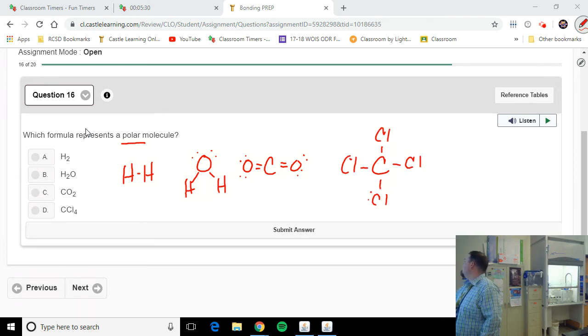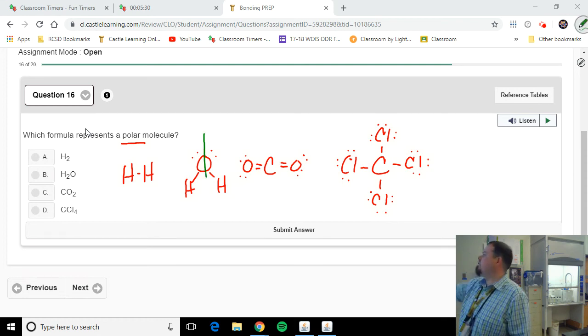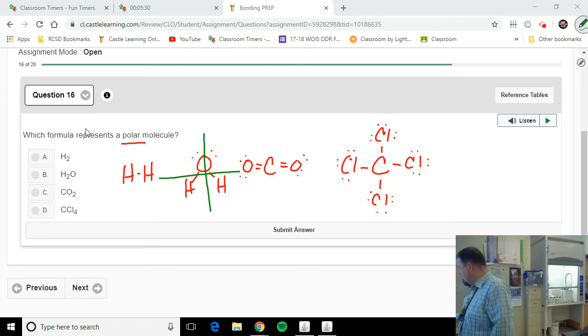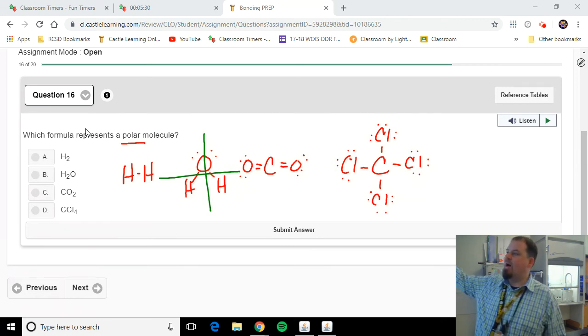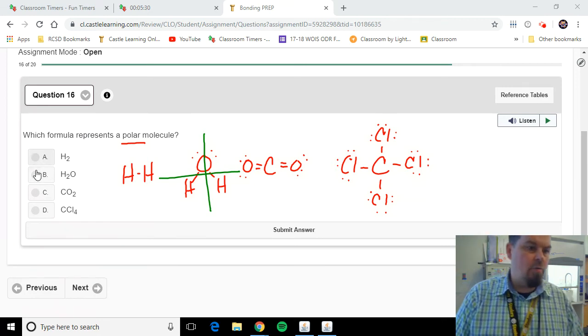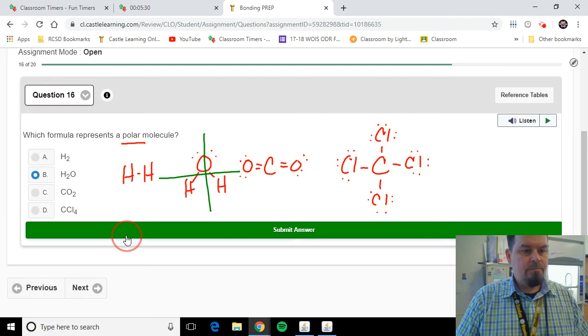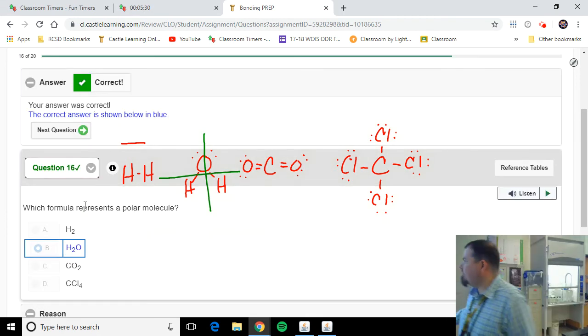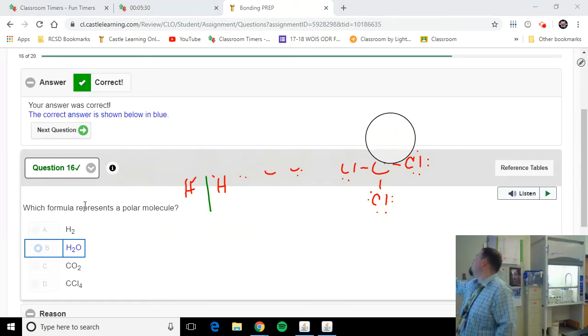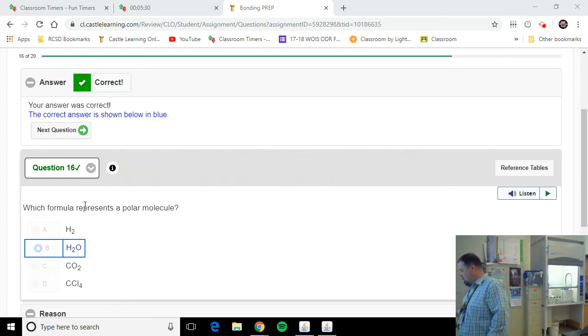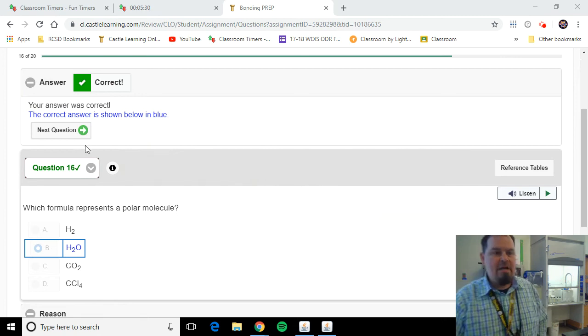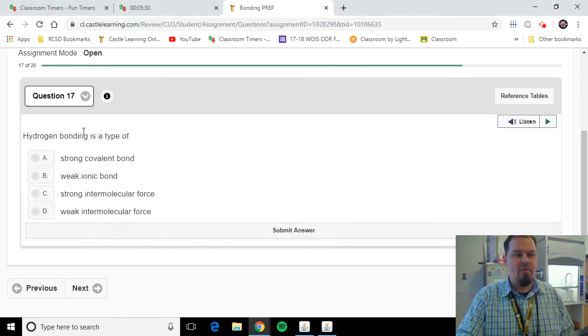And I think it becomes very obvious, and we know that water is polar, and it is the only one that fails the symmetry test that way. So north and south, top and bottom are not the same. Water is my only polar molecule. And if you just remember off the top of your head that water is polar, then you can do that faster. But if you have to draw them all out, you have to draw them all out. I need you to be tenacious and not get that question wrong.